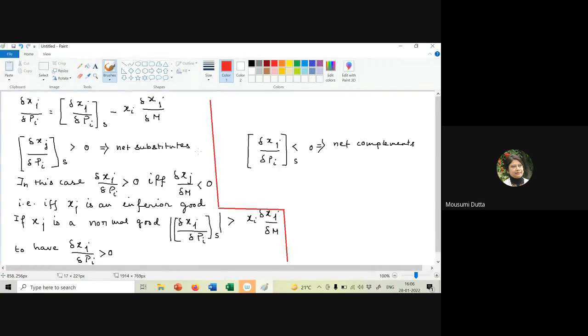So we have to write this argument only. Write down, in this case, del xj by del pi less than 0. Del xj by del pi means the left hand side.